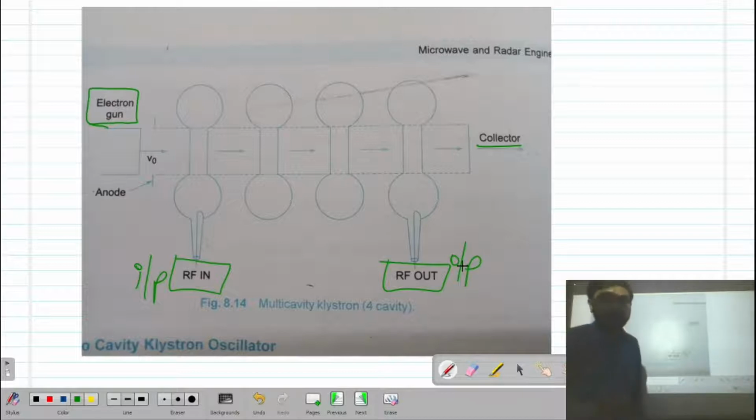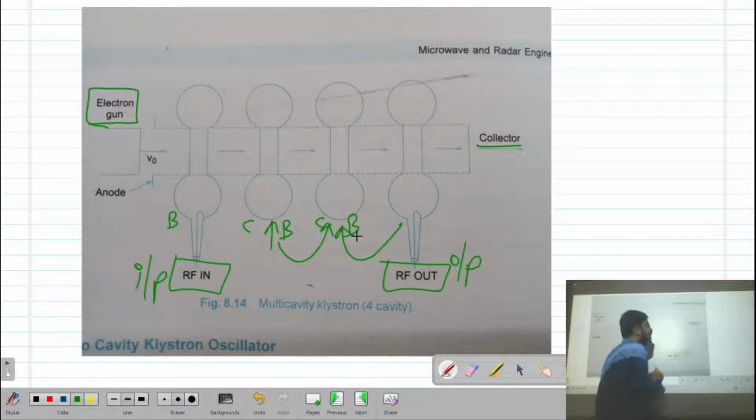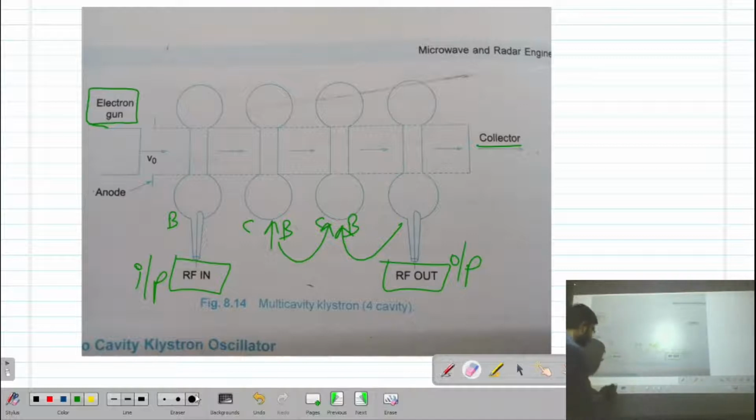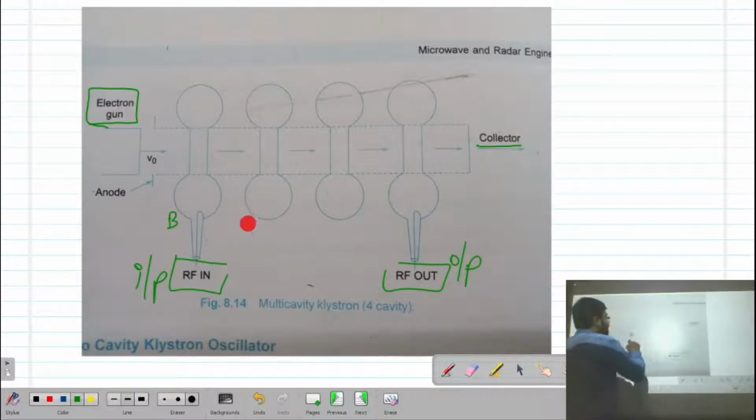Each middle cavity acts as a catcher cavity for the previous one and as a buncher cavity for the next coming cavity. So each individual cavity works as a buncher and catcher cavity in between, and will try to amplify the signal.